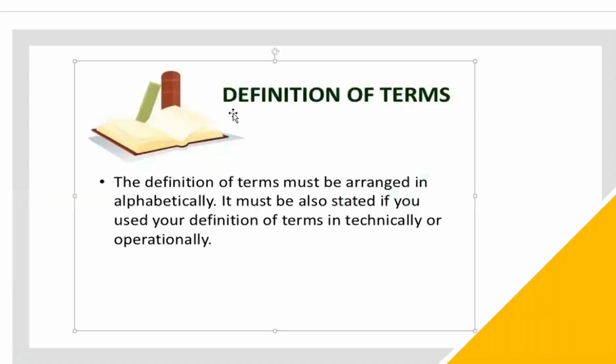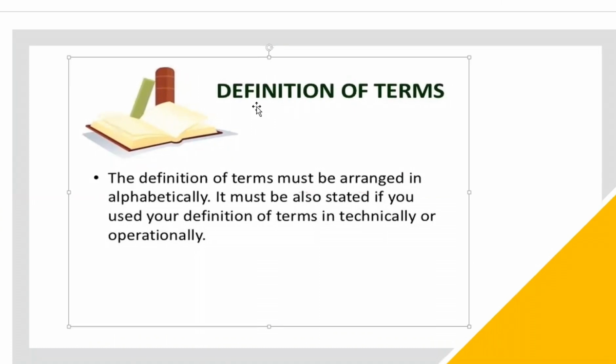At kaya na sinabi ko kanina, hindi lahat ng research methodology kasali ang definition of terms. Pero kung mangyari na sa inyong institution ay kasali na ang definition of terms, good to know kasi bibigyan natin ito ng pagpapaliwanag sa video na ito. Definition of terms must be arranged in alphabetical order.